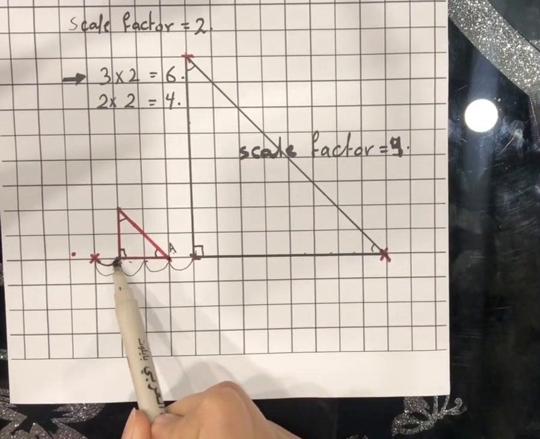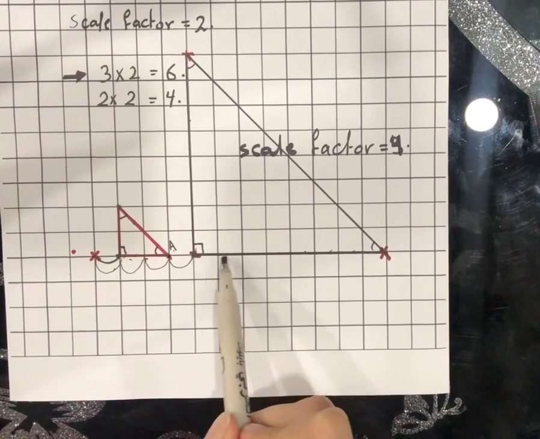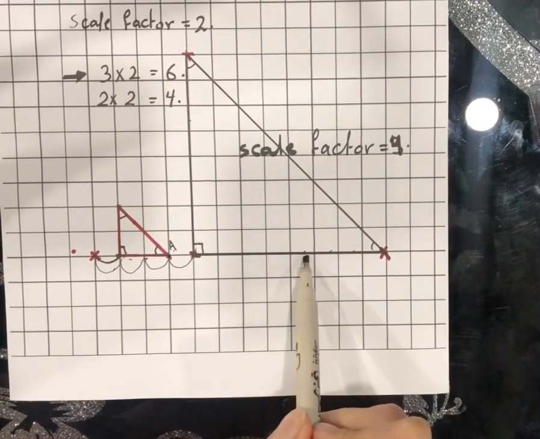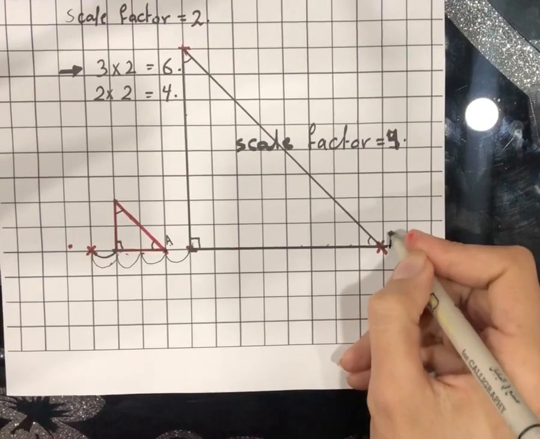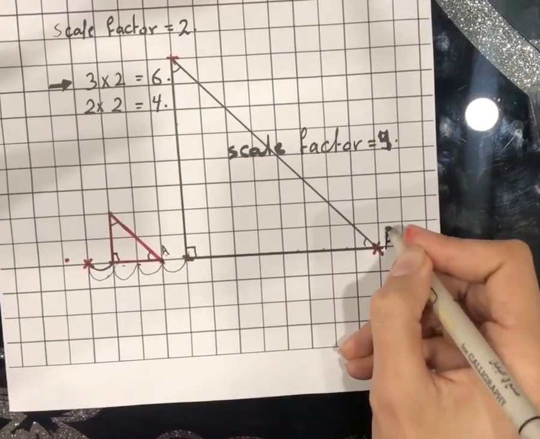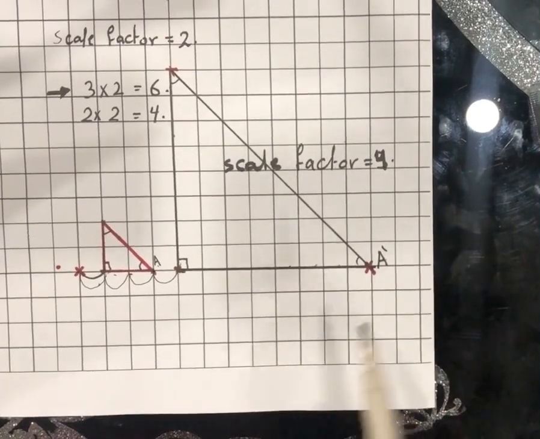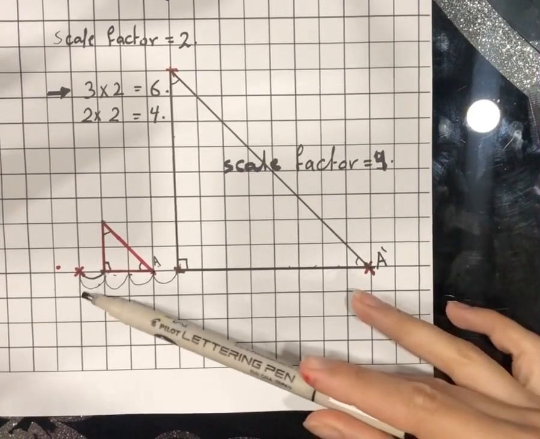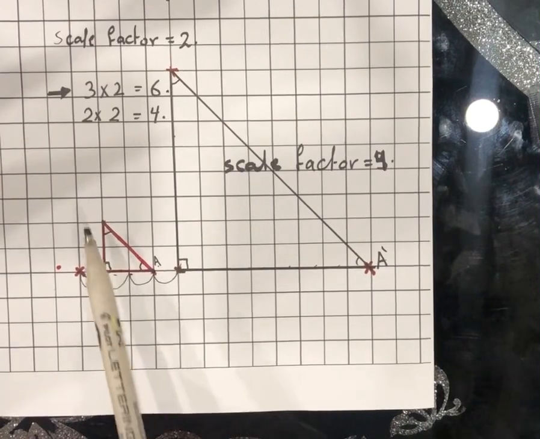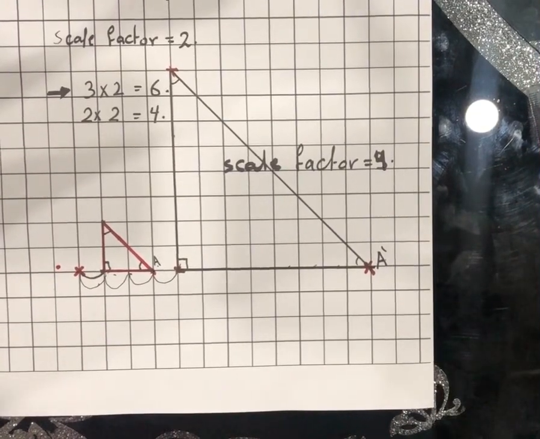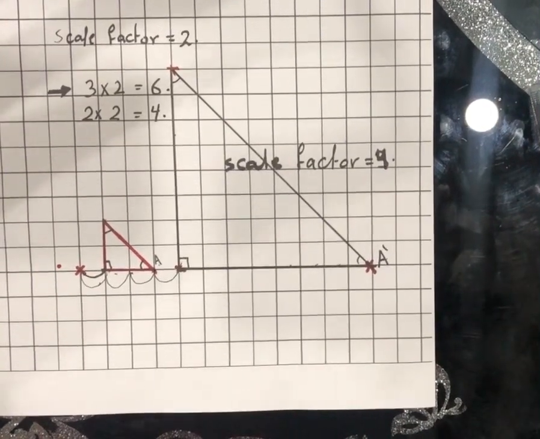Now I need to say 1, 2, 3, 4, 5, 6, 7, 8, 9, 10, 11, 12. And here will be my point A after enlargement. I can take my center of enlargement and measure from any end of the triangle.